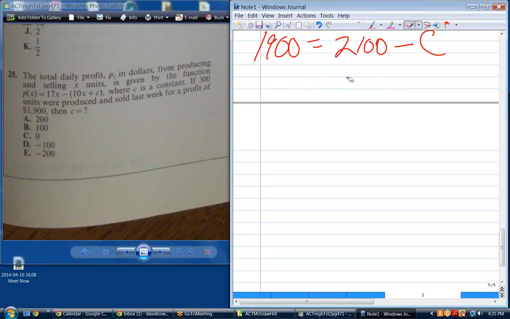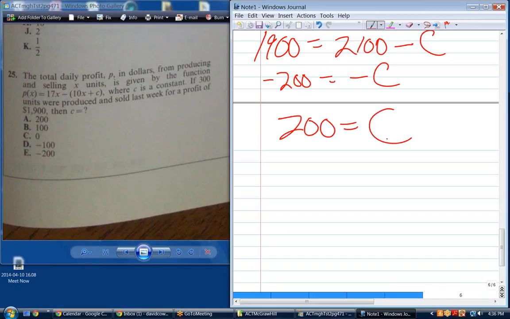If you do it the other way, in other words, if you move the 2100 over, you're left with minus 200 on that side equals minus C. Now you have to divide both sides by the minus, and you get 200 equals C. But if you can avoid having a bunch of negative signs, you're better off. I was able to do it one step quicker by moving the C to the left and the 1900 to the right.